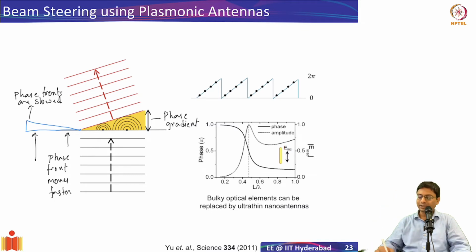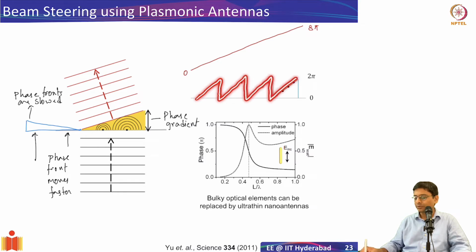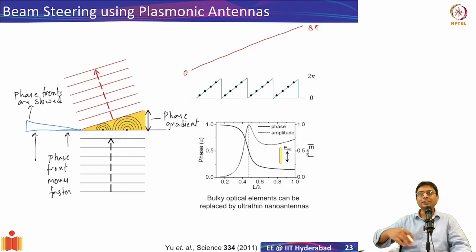For example, if I have a continuous gradient like this, let's say a gradient from 0 to, let's say, 10 pi, or let me say 8 pi here, I can simply wrap at 2 pi and create a triangular phase profile like this. I go from 0 to 2 pi, come back to 0 and then to 2 pi and so on. This will have the same effect as having a phase profile going from 0 to 8 pi. So these are equivalent optically.